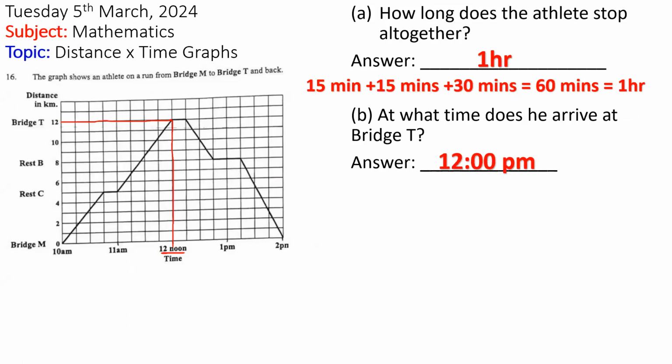So he arrived at Bridge T at 12 o'clock p.m. By the way, make sure you draw the graph. When you send in the image, I need you to have a photo of your graph, all right? So what time did he arrive at the bridge? It would be 12 o'clock p.m. That's where we arrive at the bridge, okay?